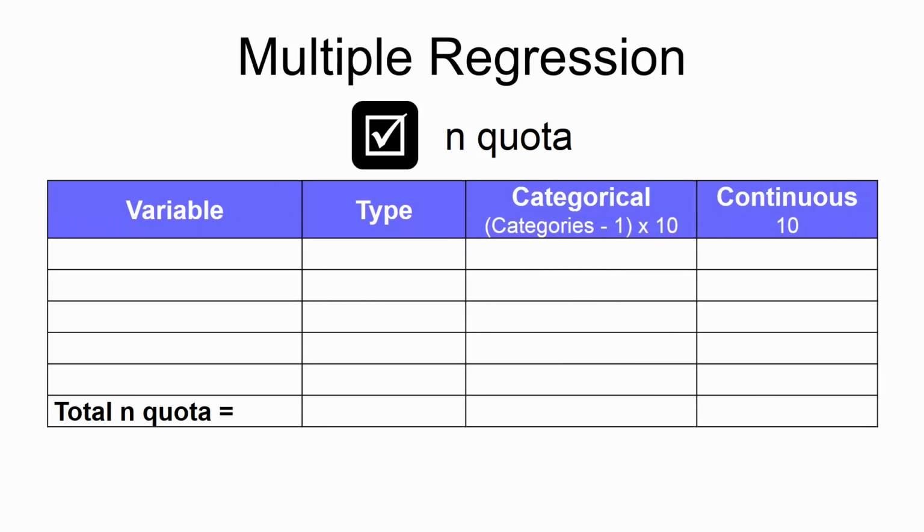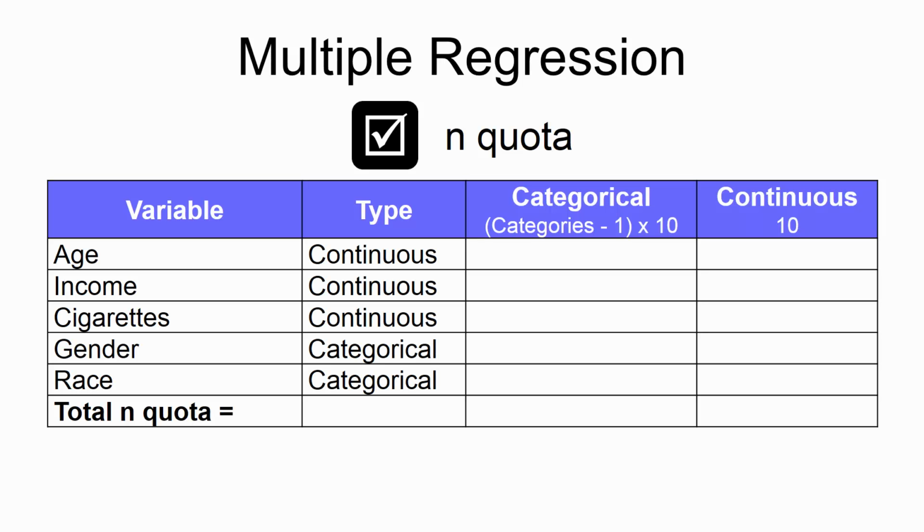Begin by listing all of the predictor variables contained in the model. Then identify the type of variable, either continuous or categorical. First, we'll focus on the continuous variables. There should be at least 10 records for each continuous variable. Next, we'll account for the categorical variables, beginning with gender.